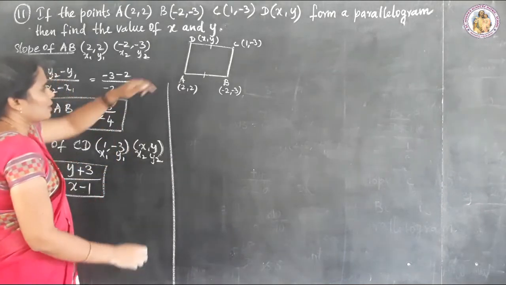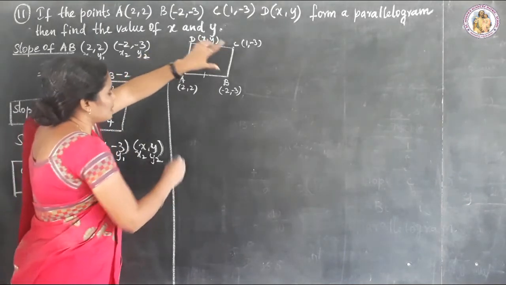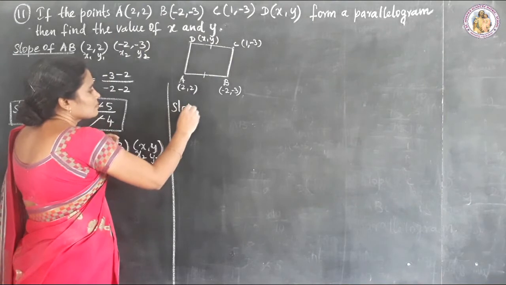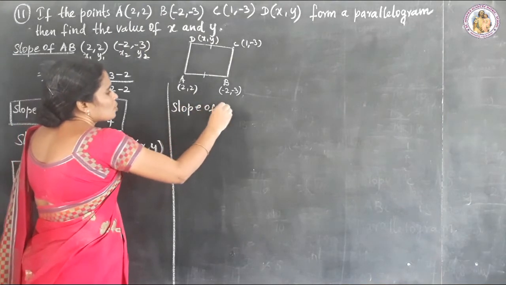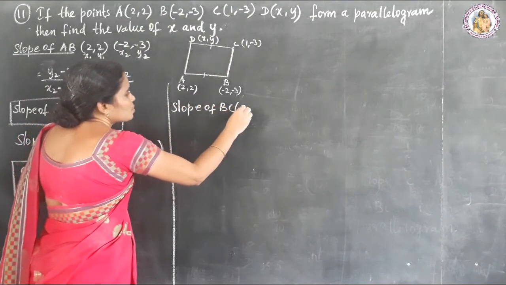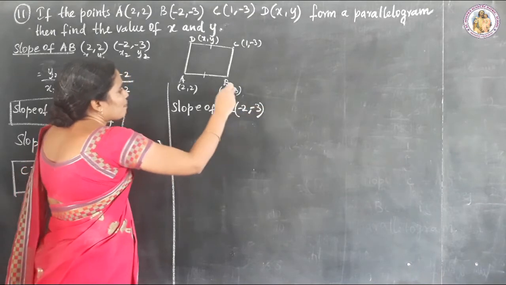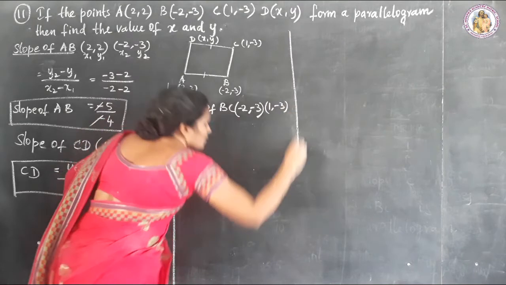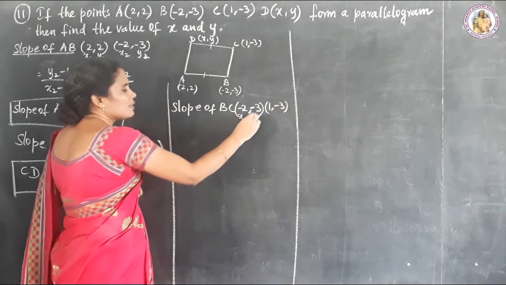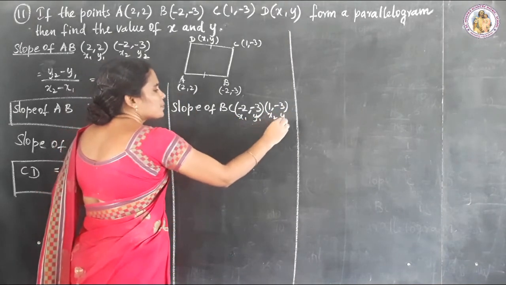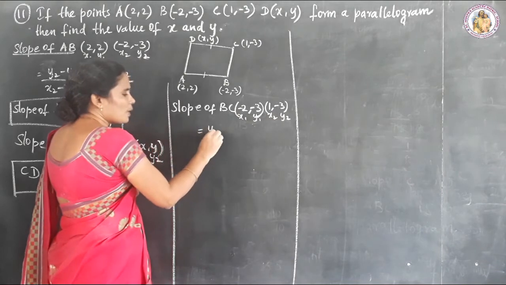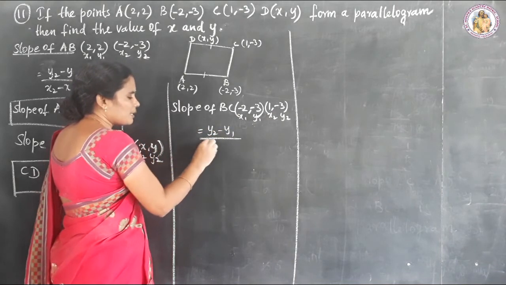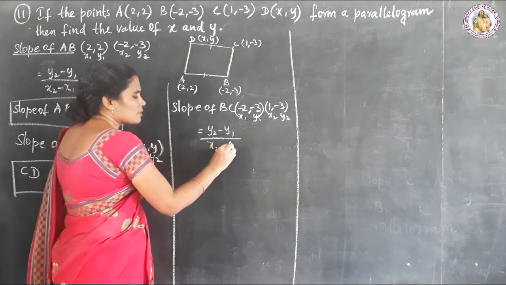Next step, now find slope of BC. The points are B (minus 2, minus 3) and C (1, minus 3). Taking x1, y1, x2, y2, slope is y2 minus y1 divided by x2 minus x1.